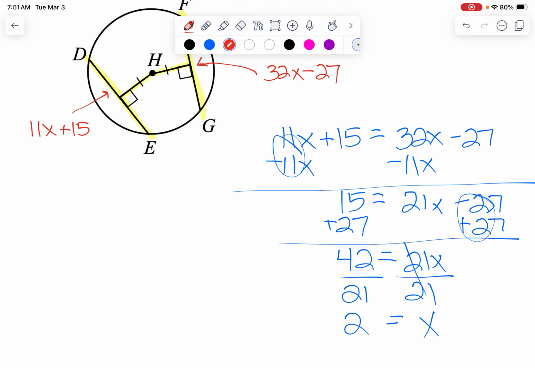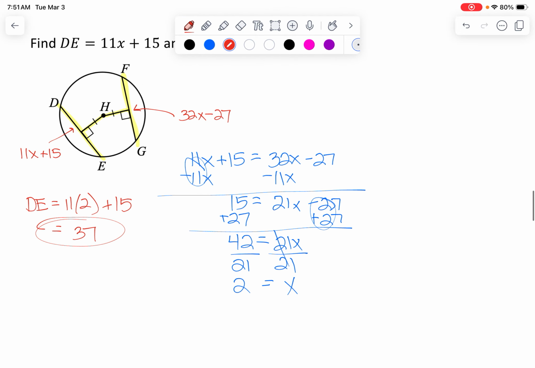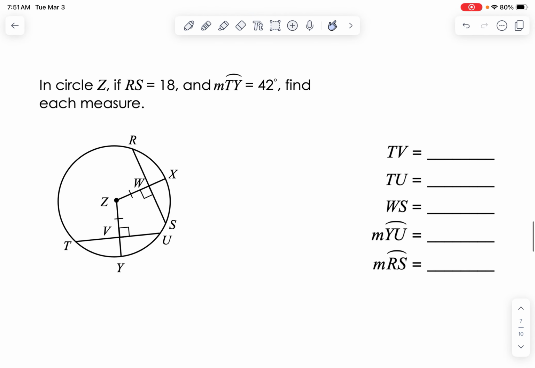So DE is equal to 11 times 2 plus 15. So that's 22 plus 15. So the length of DE is 37. All right, so using that second property.